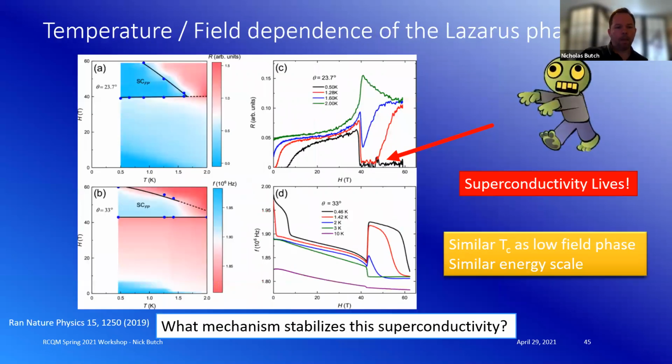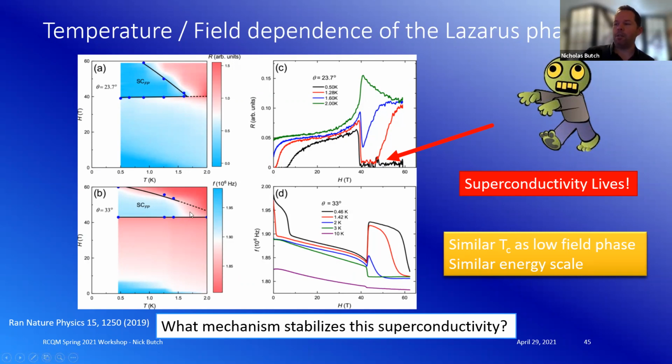as I already showed you in the phase diagram. If we look at the temperature dependence of this pocket, shown here again with the same two measurement techniques as a function of temperature and field, it looks like they extrapolate down to 1.6 K here for the resistance. A little bit less certain what's going on here.